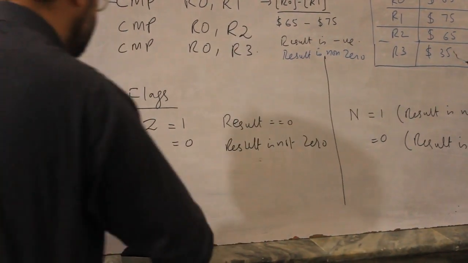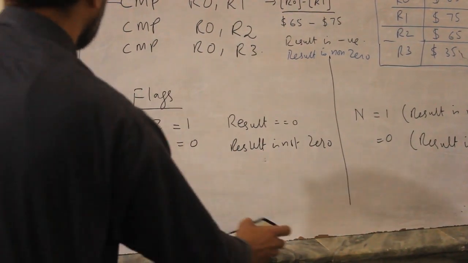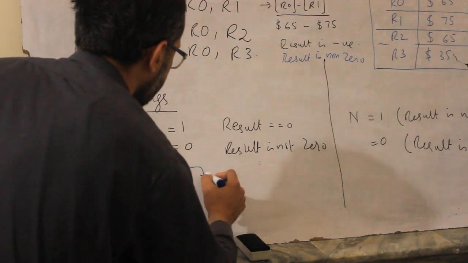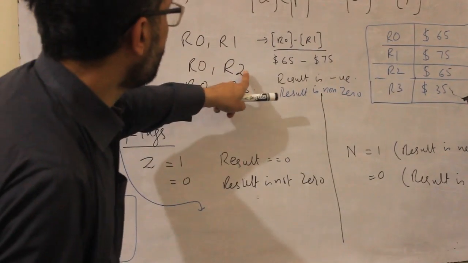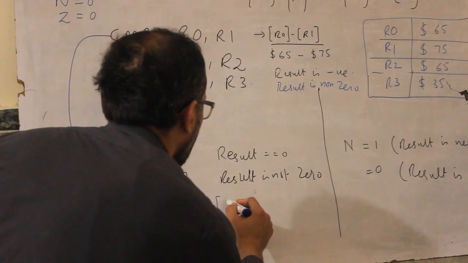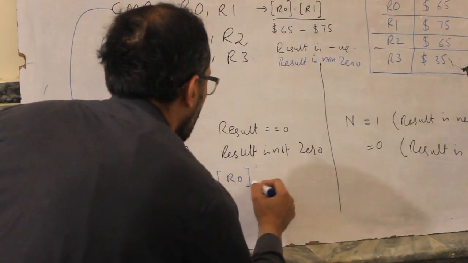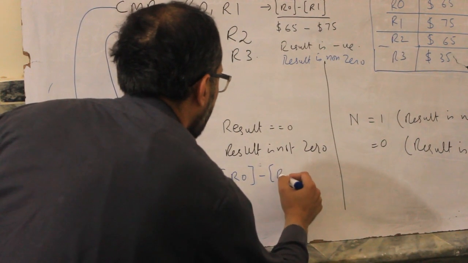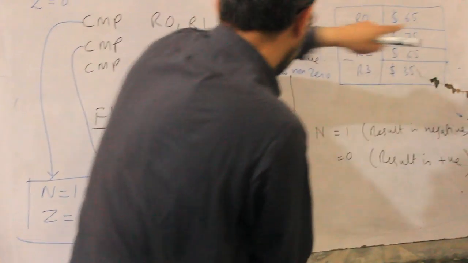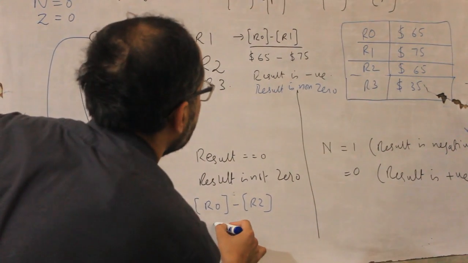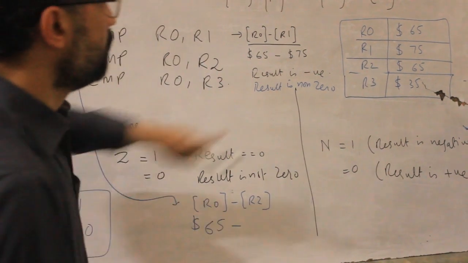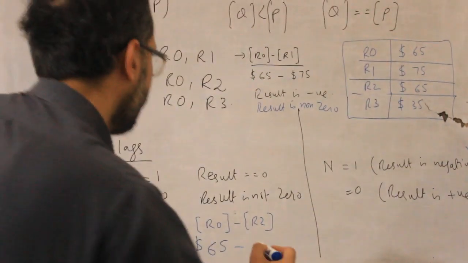Now we evaluate the second instruction. It will compare R0 and R2, so it will compute R0 minus R2. The contents of R0 is 65, and the content of R2 is 65.